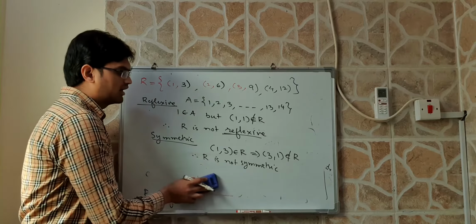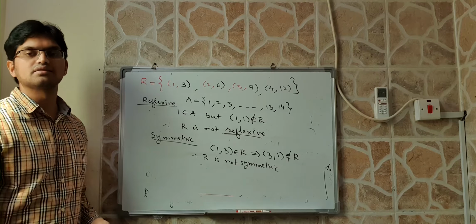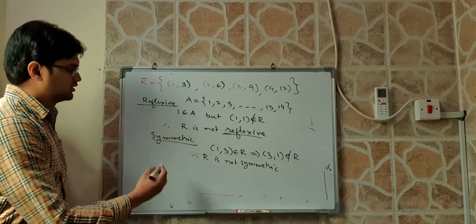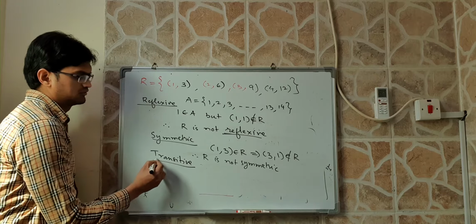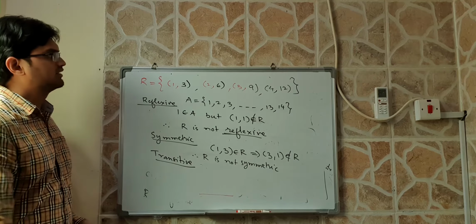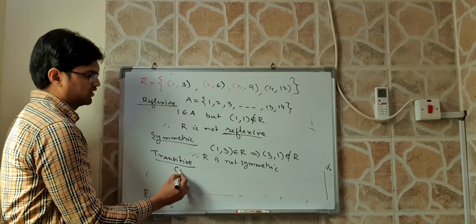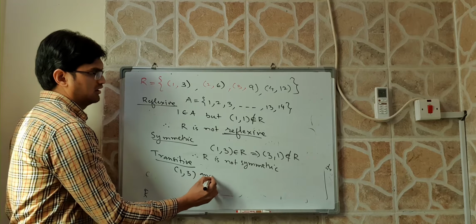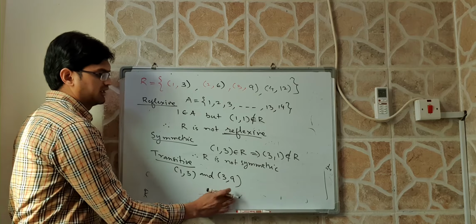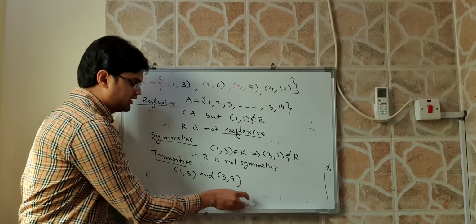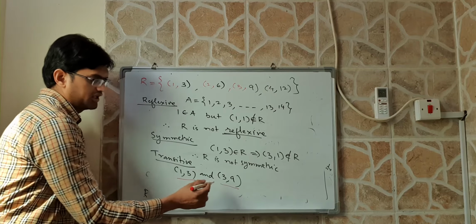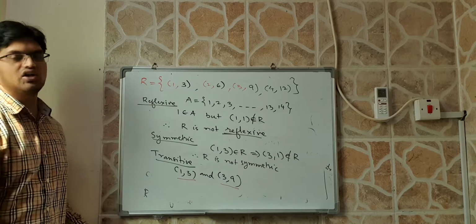Now, regarding the third one, transitivity. Let us check that. I'll select (1, 3) and (3, 9). See, I have (1, 3) here and (3, 9).